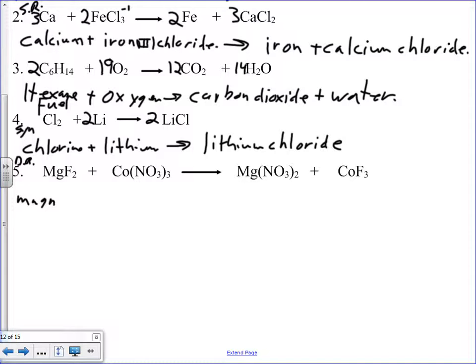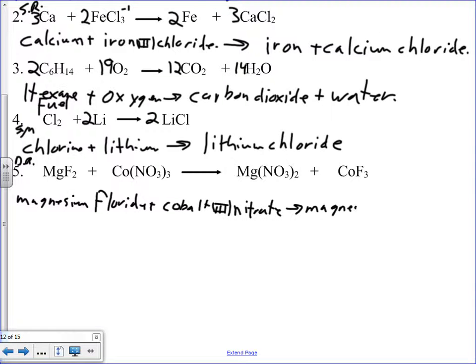So we've got magnesium fluoride, plus cobalt 3 nitrate, gives us magnesium nitrate, and cobalt 3 fluoride.